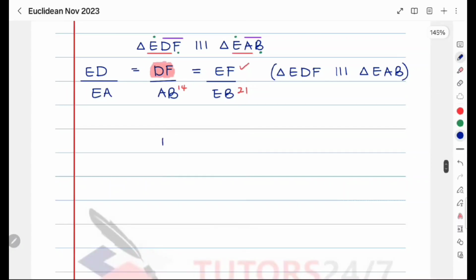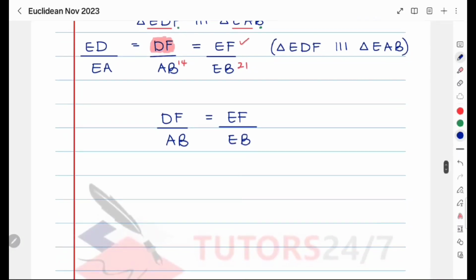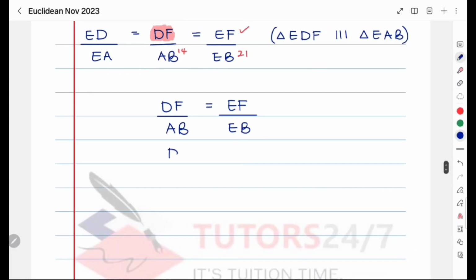So here we have DF over AB is equal to EF over EB. We are going to substitute. So let's talk about how we are going to find EF.